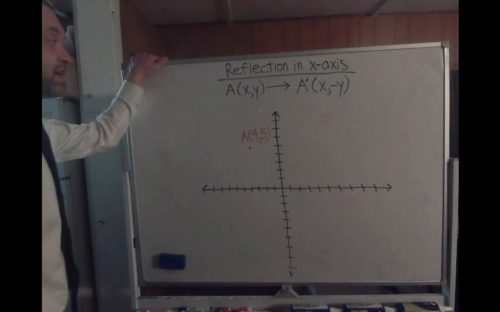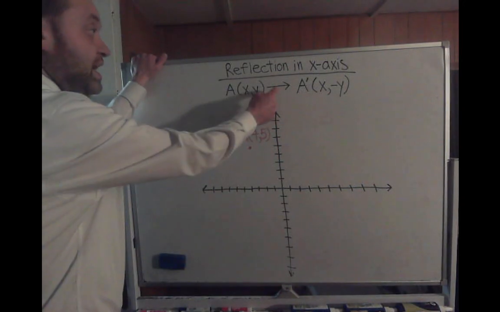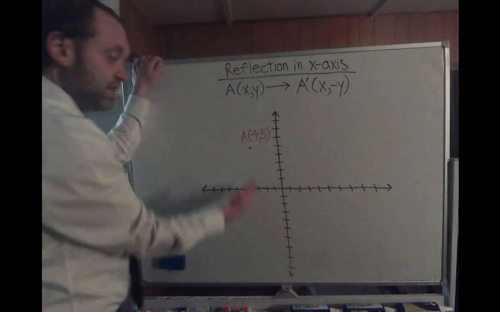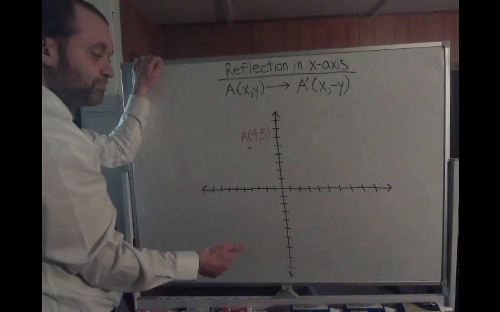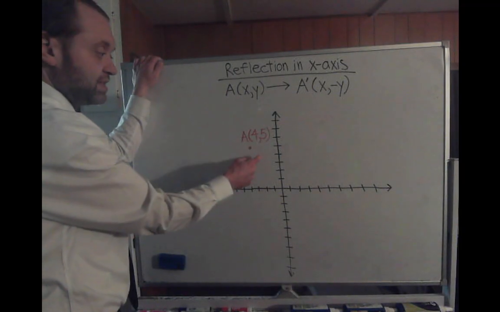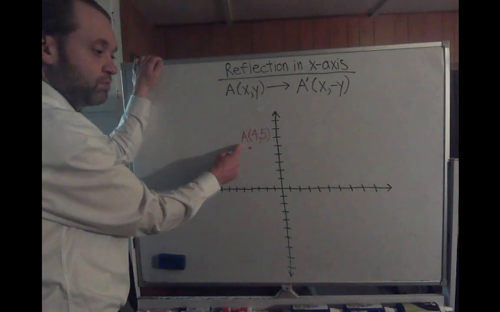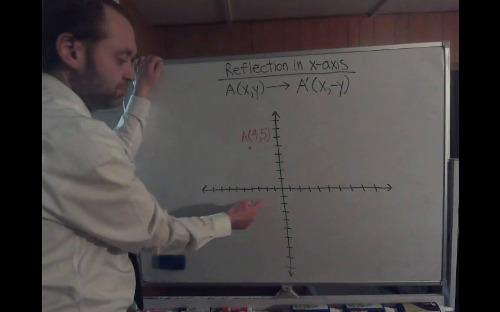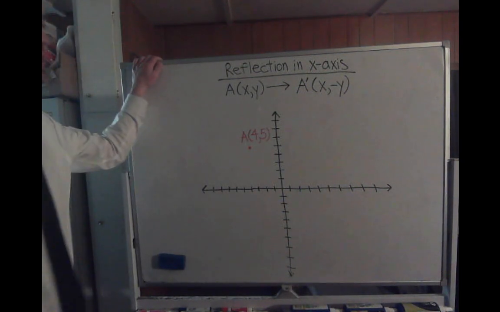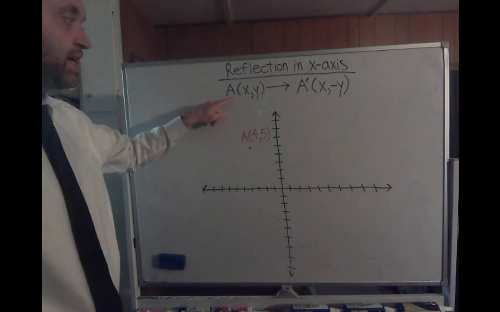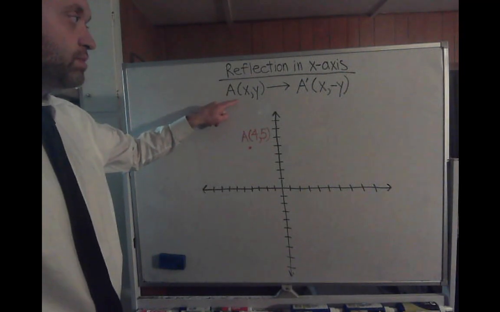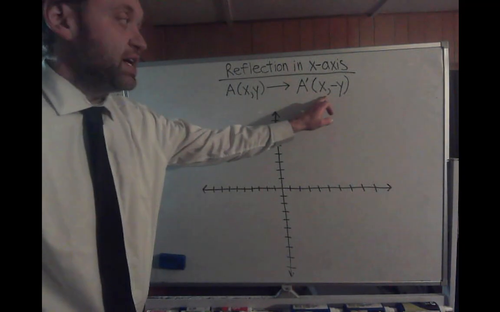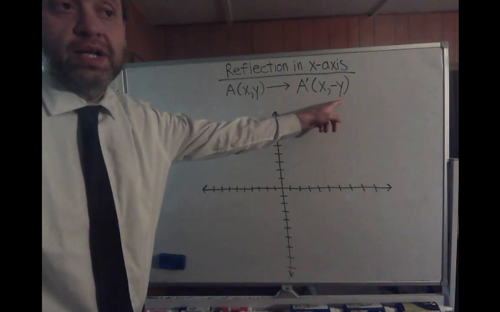First thing we're going to talk about is a reflection in the x-axis. So of course you have your x-axis here. Think of the x-axis like a mirror. To use the x-axis as a mirror, you take your preimage, your starting point, and keep your x-coordinate the same, but negate your y-coordinate.